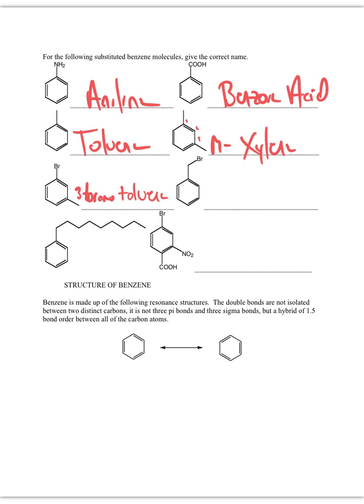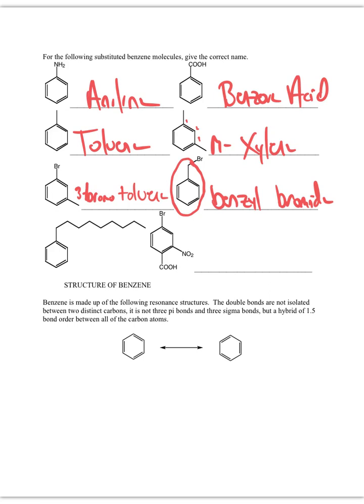On the next one, we have this whole group, which those of you in biochemistry have probably talked about. It is a benzyl group when you have a CH2 off of the aromatic ring. So this is benzyl bromide. And then we have the 1-phenylnonane that we talked about a minute ago.